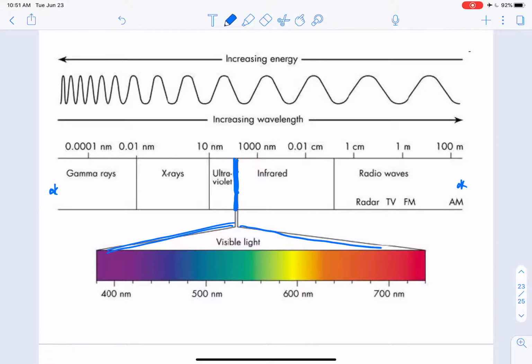Now, visible light, we tend to report these wavelengths in nanometers. And a wavelength is the distance between one peak to another peak. So that distance right there is a certain length, and that's called the wavelength.